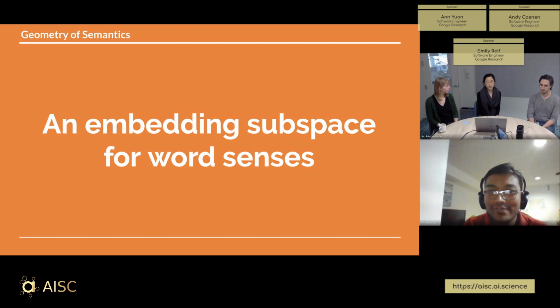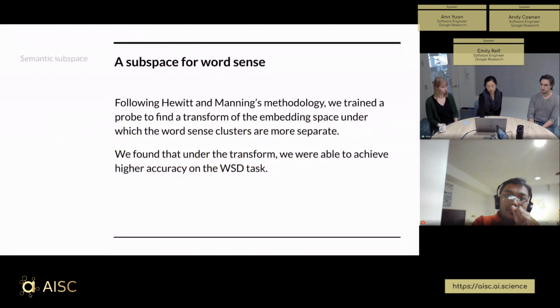As we've been demonstrating, BERT embeddings are shown to encode a lot of syntactic information, but we also know that BERT embeddings are really useful for tasks that involve semantic understanding. And so that led us to wonder whether maybe the picture of what's going on here is that BERT embeddings encode both semantic and syntactic information, but in separate subspaces. To try to tease out what that subspace would look like, we essentially replicated Hewitt and Manning's setup for training a projection probe to transform BERT embeddings into an alternative subspace, except we changed the loss function.